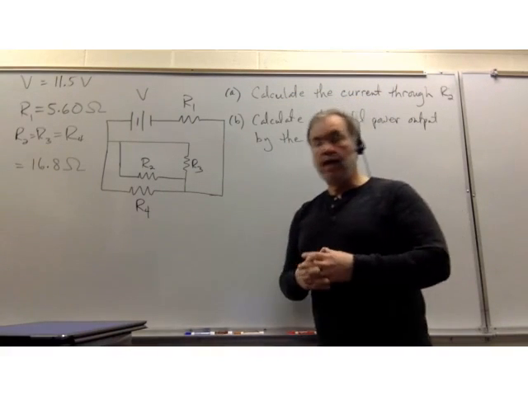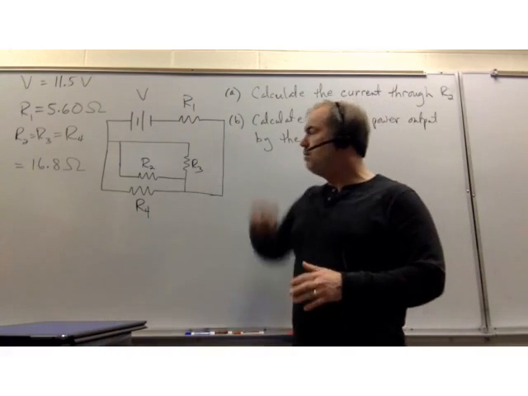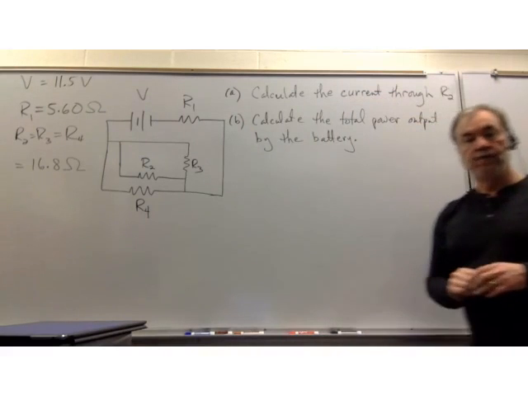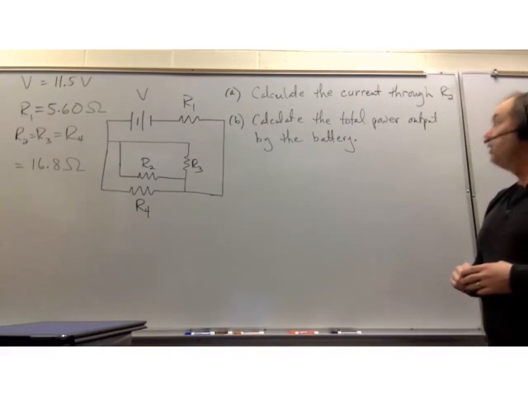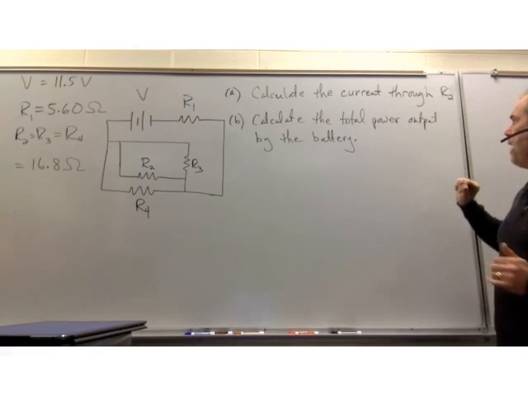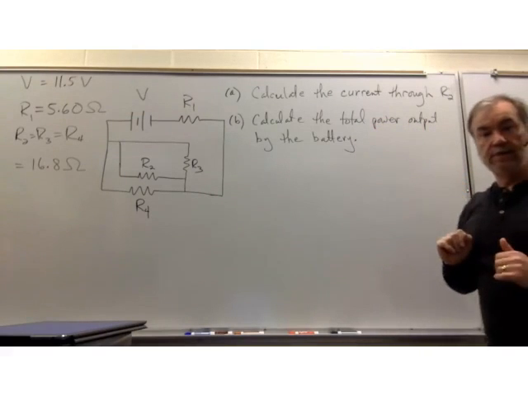The approach that we're going to take is to simplify down this moderately complicated collection of resistors. Getting my head out of the way so you can see the statement of the problem. Oh yeah, part B, calculate the total power output by the battery. So we'll have to look into that.